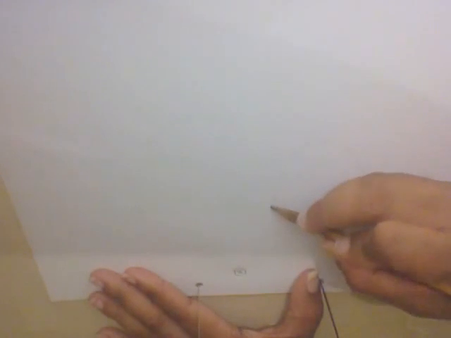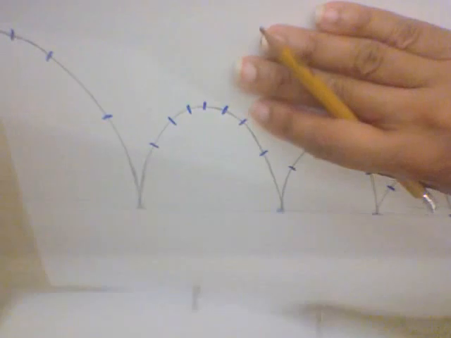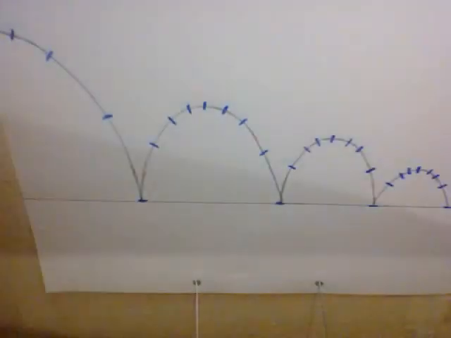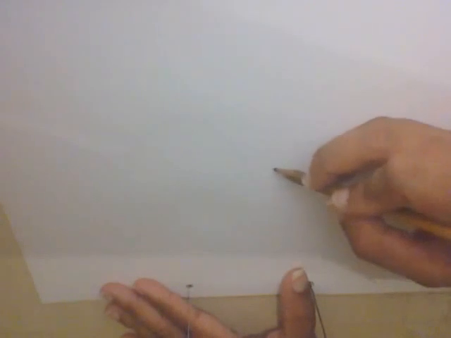And then 17, it's now heading back up, but now in the direction of the third arc. And 18 is also an oval.